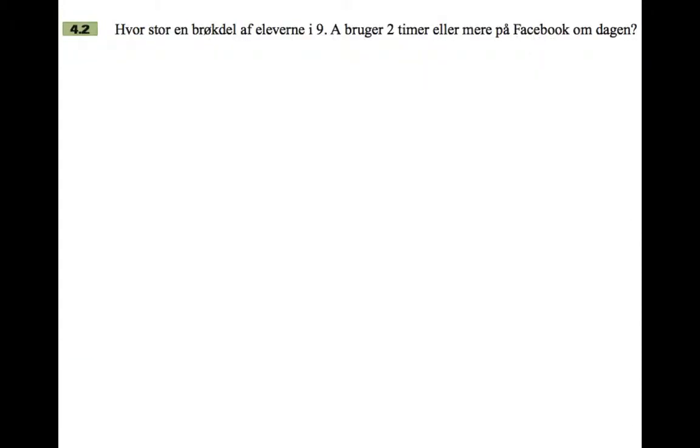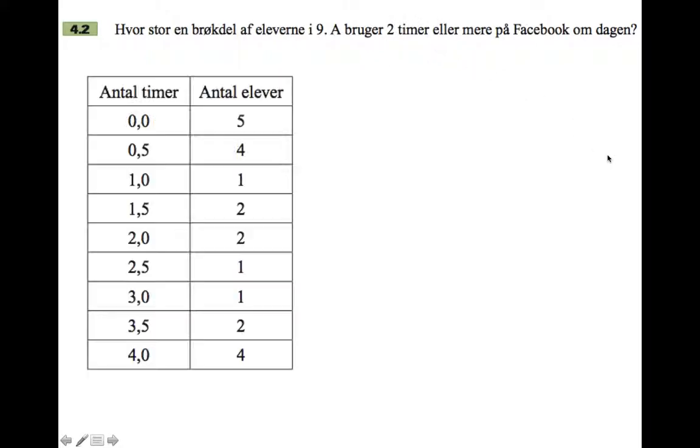What fraction of the pupils in 9A spend 2 hours or more on Facebook per day? So 2 hours or more, that includes 2 hours. So looking at the table, observing that they add up to 22, and those are the ones that spend 2 hours or more on Facebook.